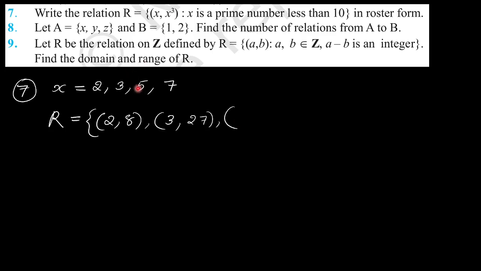When x equals 5, it will be 5 cube, 125. When x equals 7, 7 cube is 49 into 7, 343. 7 is the last number. The relation is written. Okay, understood?